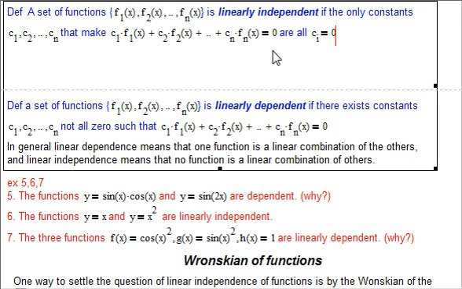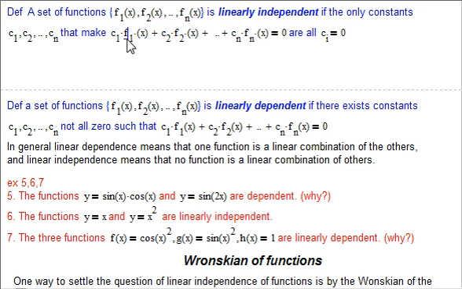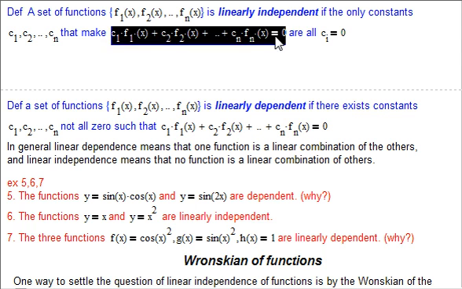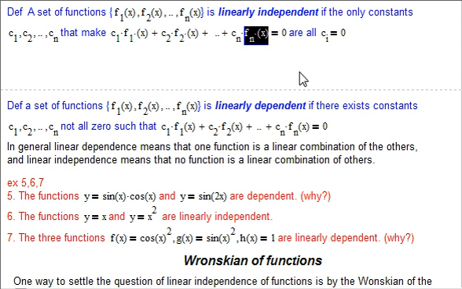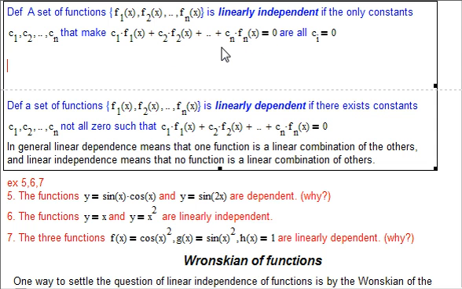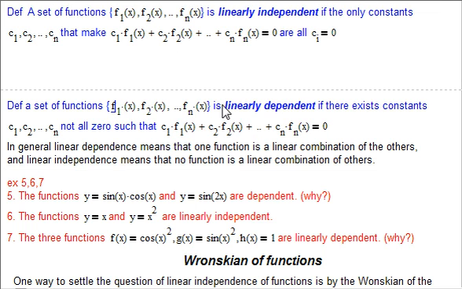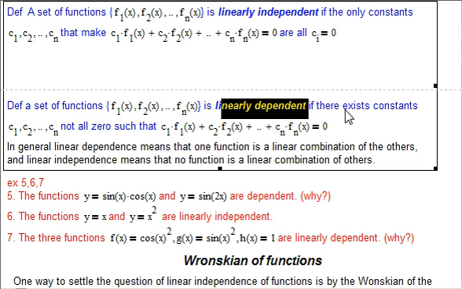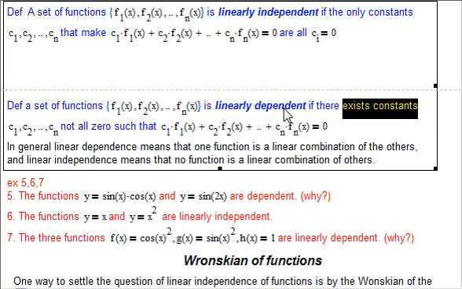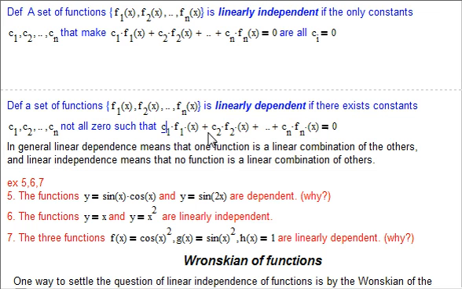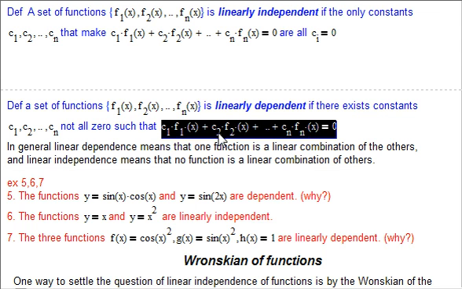The behavior is, if f1, for instance, can be made by negative this one plus negative this one, then they're not linearly independent. So any set of functions like this is linearly dependent, sorry, bad word there, if there exist constants, not all zeros, such that this is equal to 0.